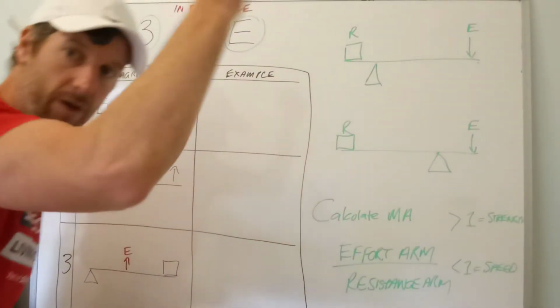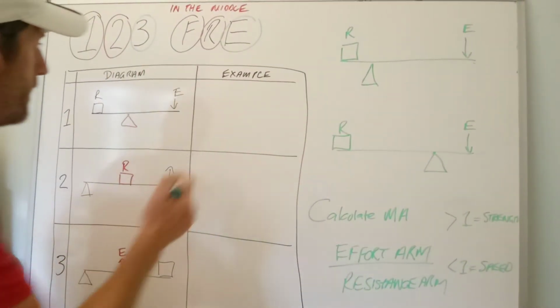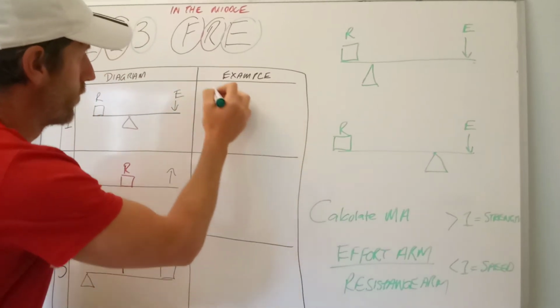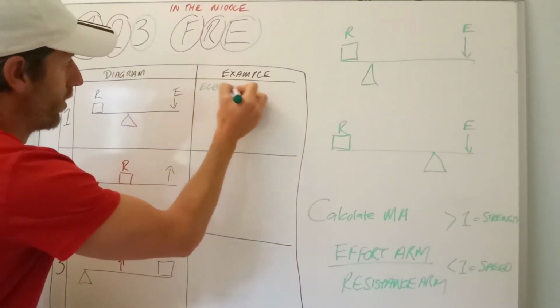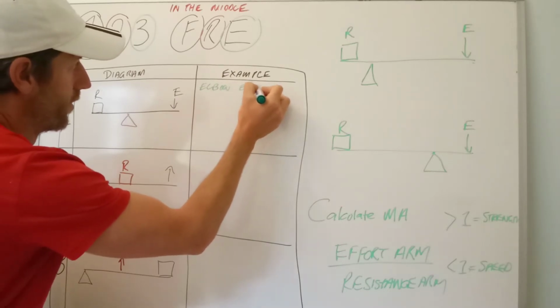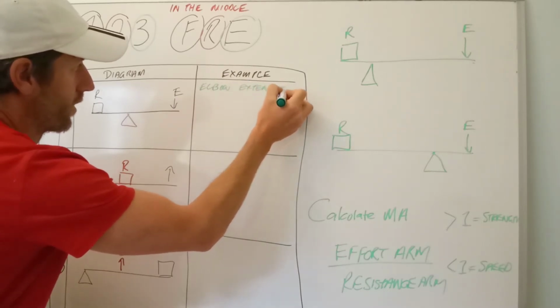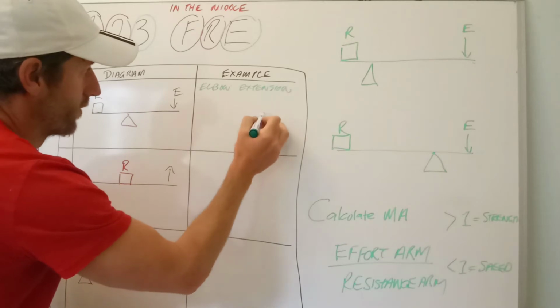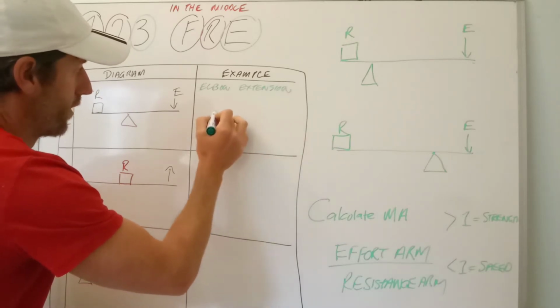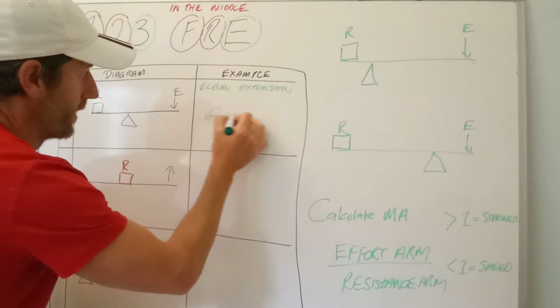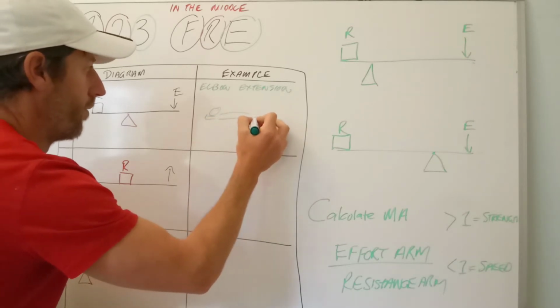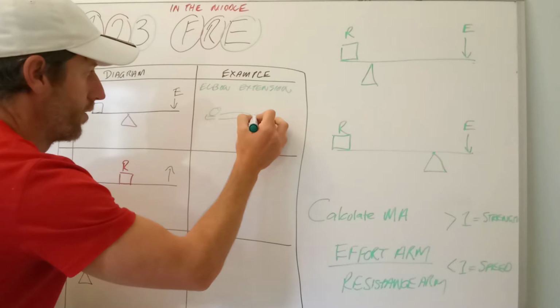Sorry, I'm doing all the examples off the camera, but the example here would be any sort of elbow extension. I'll give you a quick example. If you were to throw a ball from your hand, that's your hand, that's your arm, there's your elbow.